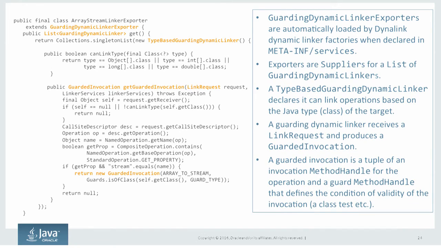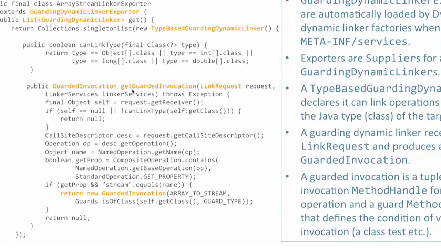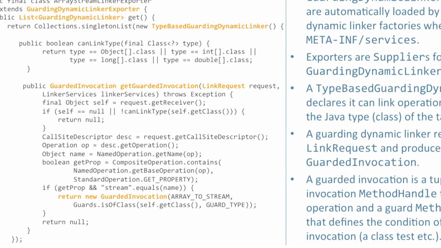The guarded invocation here in this method implements the operation on the one hand and the cache check on the other. So what we do here is we generate a guarded invocation that will, upon each invocation, check whether the operation can be applied, and then will apply the operation.